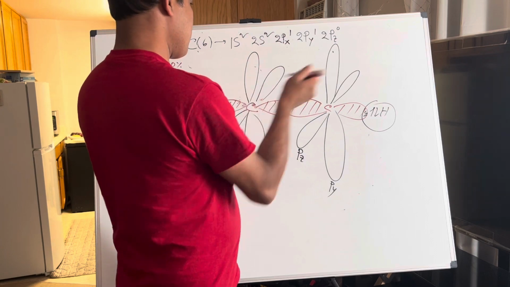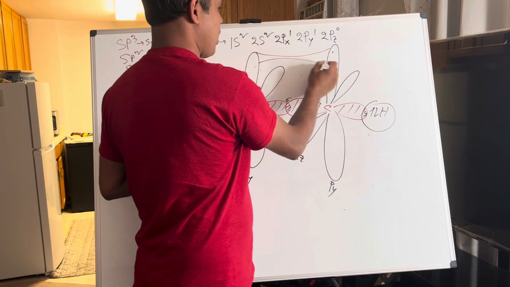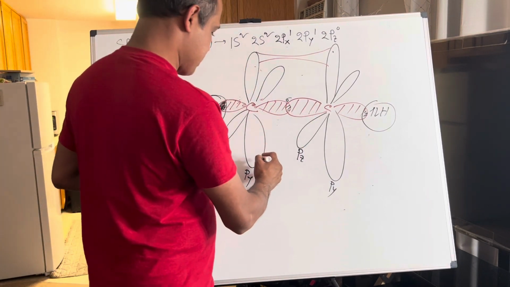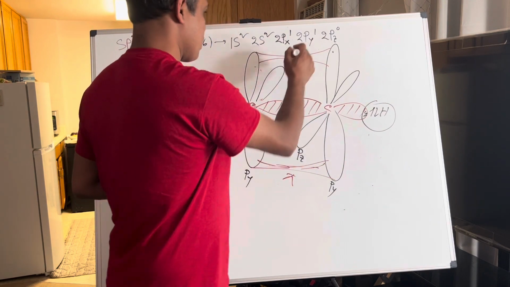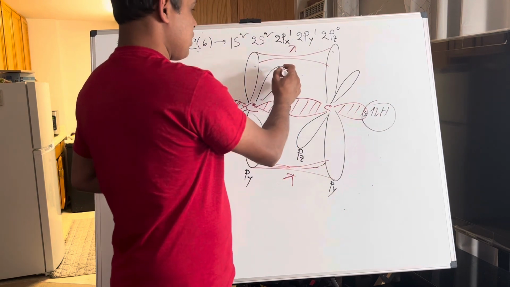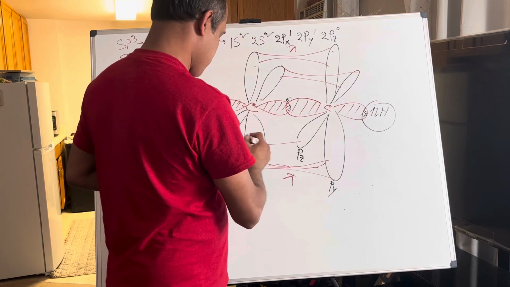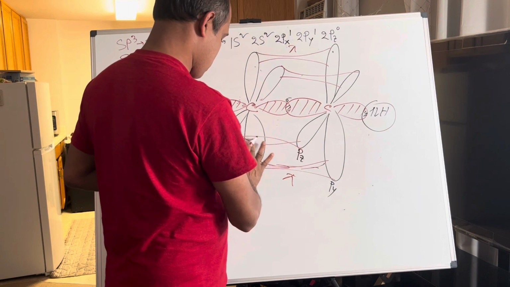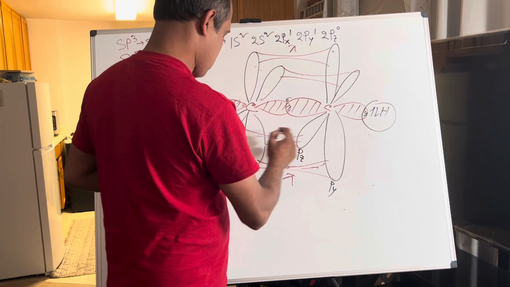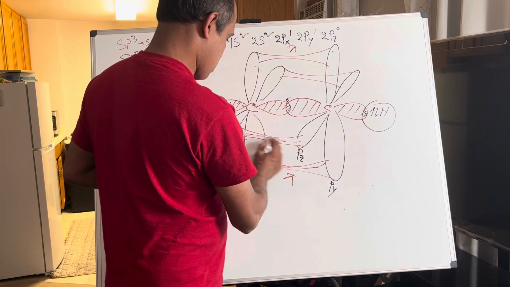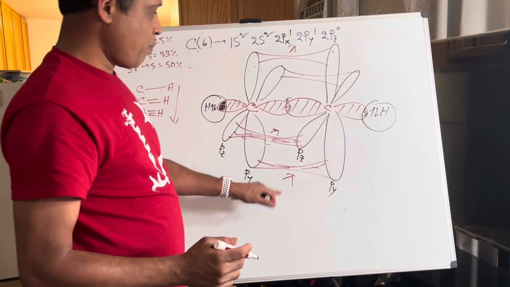When they are unhybridized, p and p can do a partial overlap. So this is one pi bond. And also pz and that pz, another pi bond.